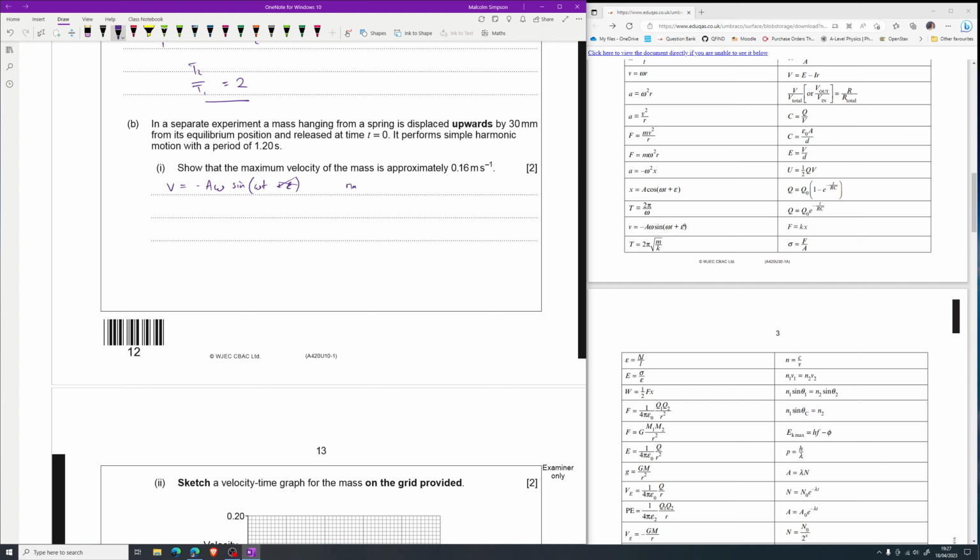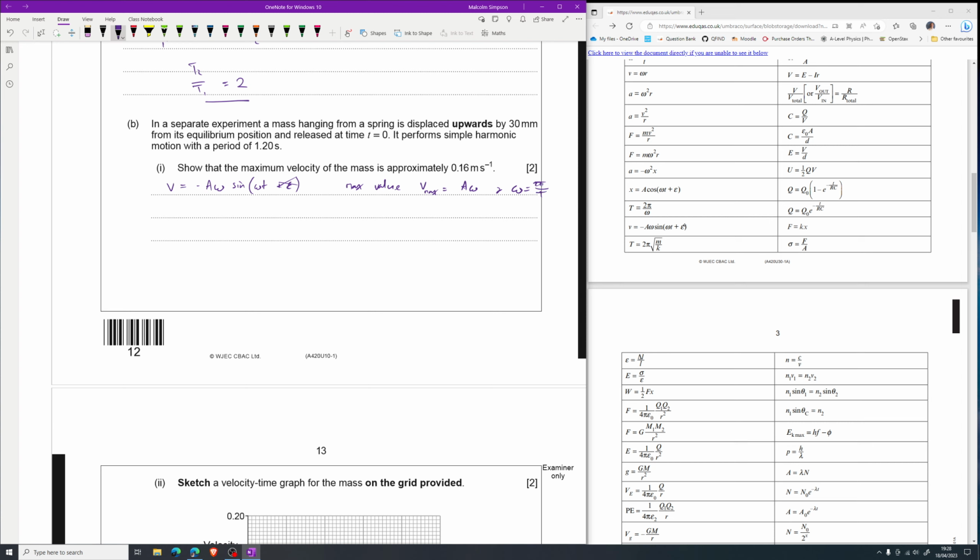So the max value of the sine function, it actually doesn't matter here. The maximum value of the sine function is 1. So v max is just A omega, and of course omega is equal to 2 pi over T. Sorry about my handwriting, that's atrocious.